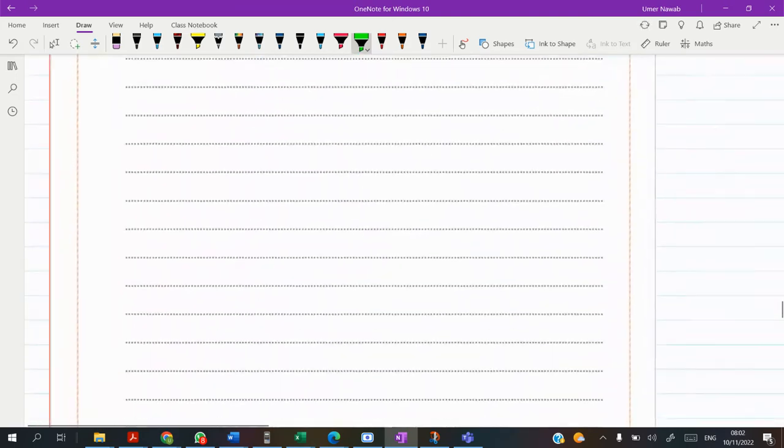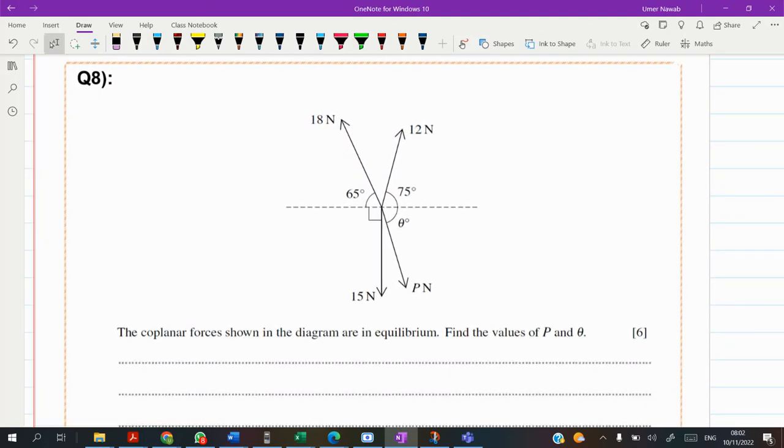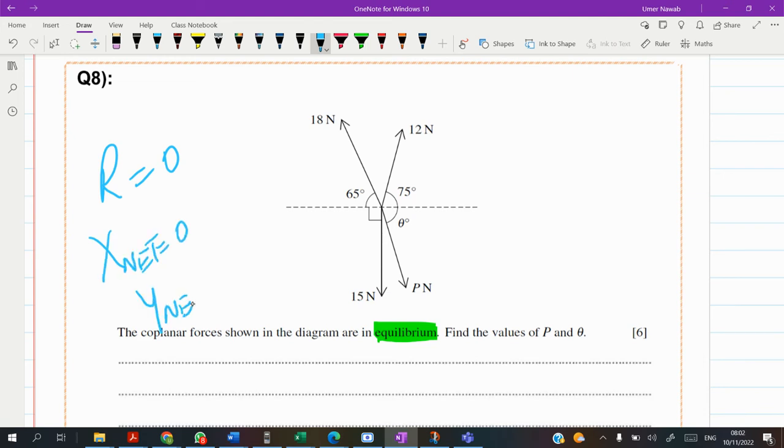So Alhamdulillah, we are done with question number 7. Now we go to question number 8. Again, we have 4 forces given. Let's try to resolve them. But the beautiful thing here is the system is in equilibrium. Guys, when the system is in equilibrium, it means the resultant is 0, x net is 0, y net is 0.